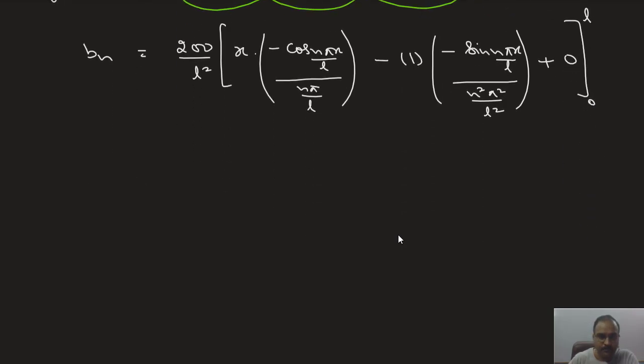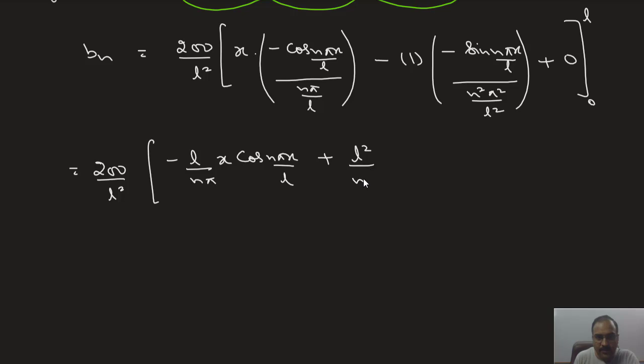Now, so 200 over L square into minus L over n pi into x cos of n pi x by L, minus and minus plus L square over n square pi square into sine of n pi x by L from 0 to L. So it will be 200 over L square.